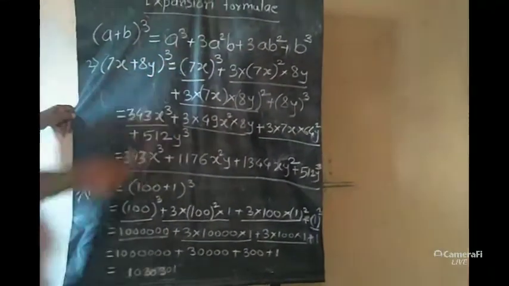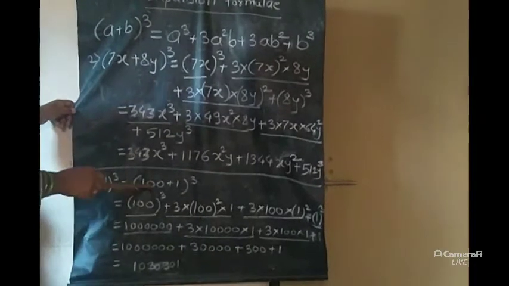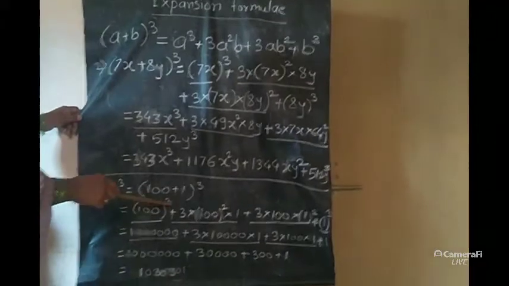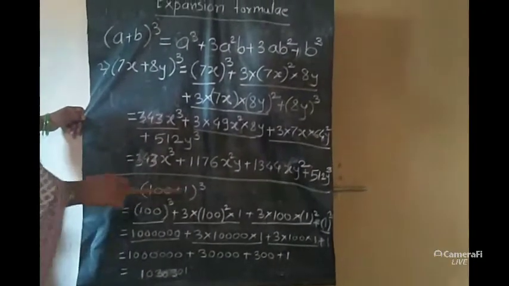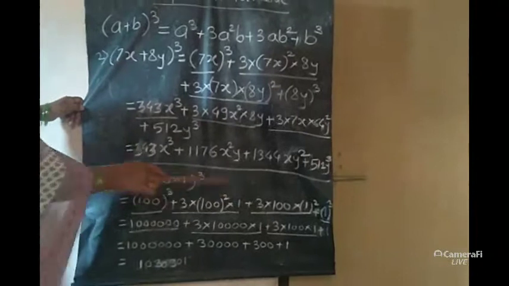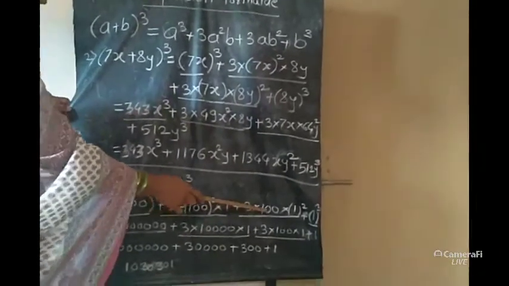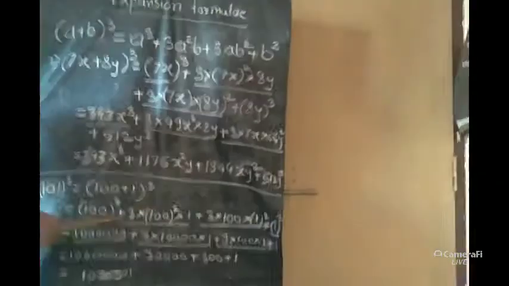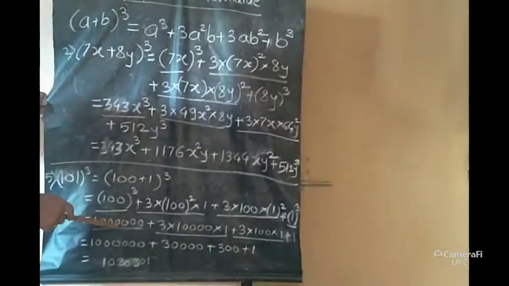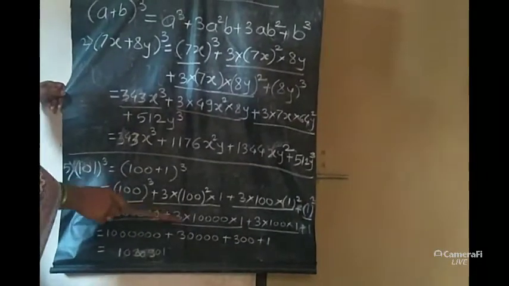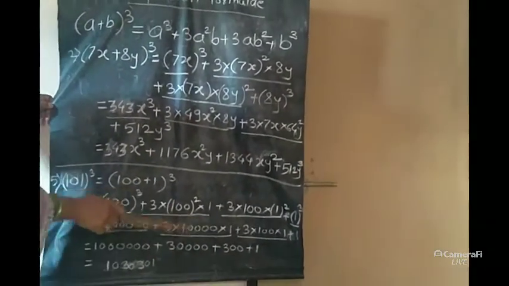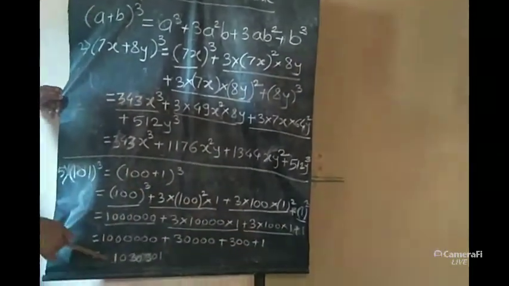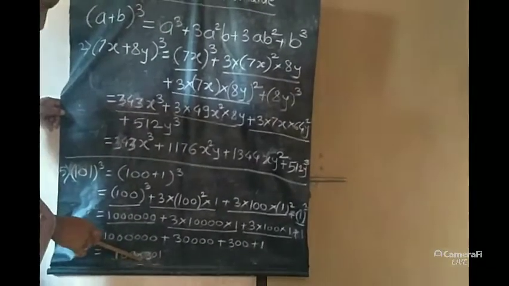Use this formula again. The first term will be a³. The value of a is 100 and the value of b is 1. The first term a³ is 100³, plus 3a²b, that is 3 into 100² into 1, plus 3ab², that is 3 into 100 into 1², plus 1³. The value of 100³ is 10 lakhs, plus this product is 30,000, plus this product is 300, plus 1, which is 10,30,301.